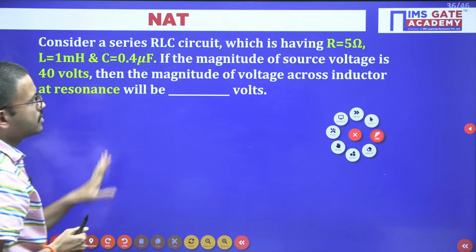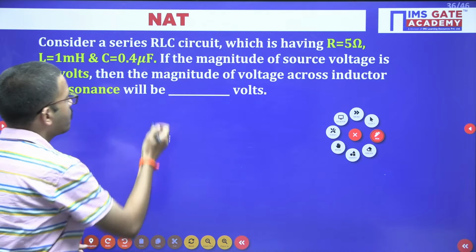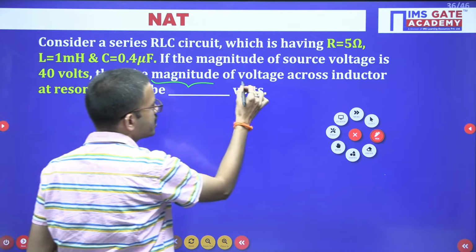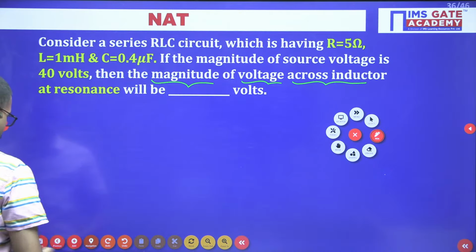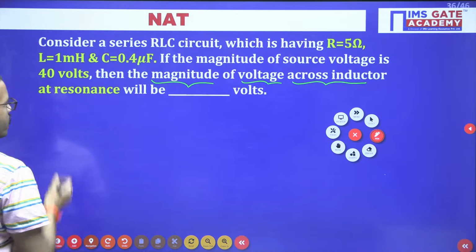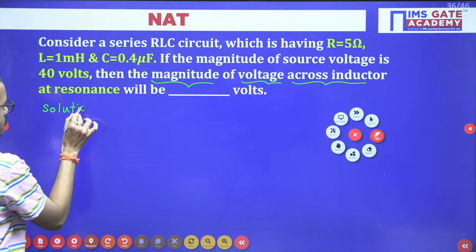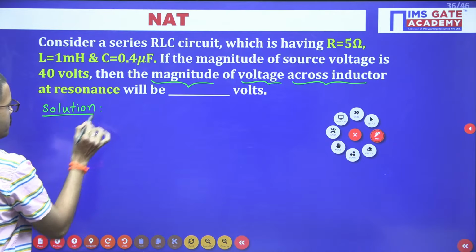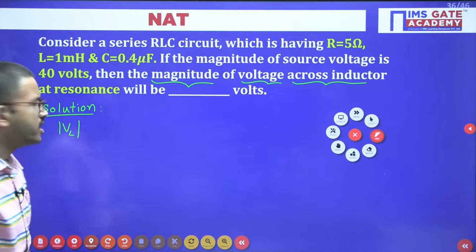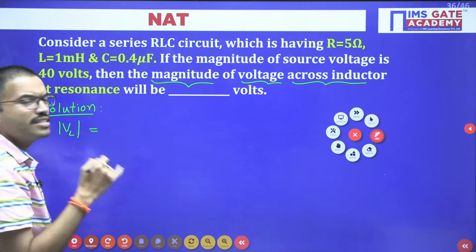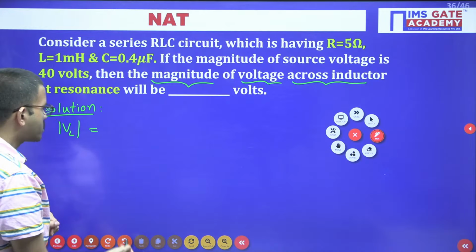See here we are supposed to find the magnitude of voltage across inductor. Whenever you are having resistor, inductor, capacitor, whatever it may be, in general, we can use Ohm's law.